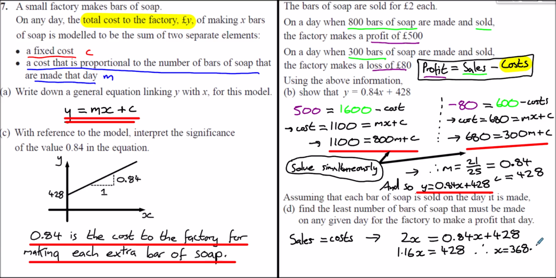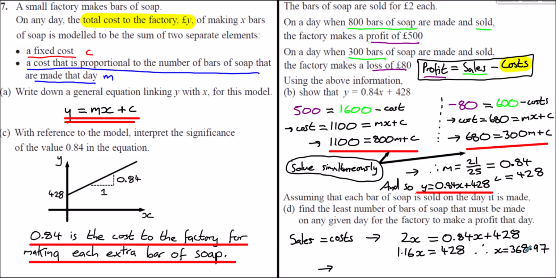Now we need to evaluate this figure to see if it makes any actual meaningful sense. We want the least number of bars of soap that must be made on any given day for it to make a profit. So actually, we want to be making a tiny bit of profit, not making any loss. What it's saying here is, to break even exactly, it'd be 368 and a bit bars of soap, almost 369.